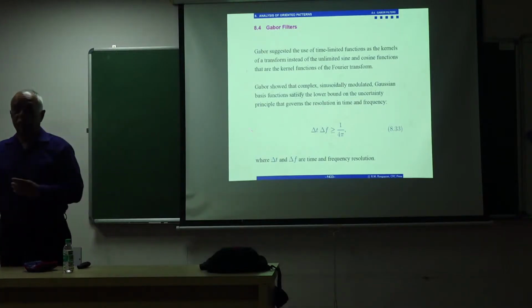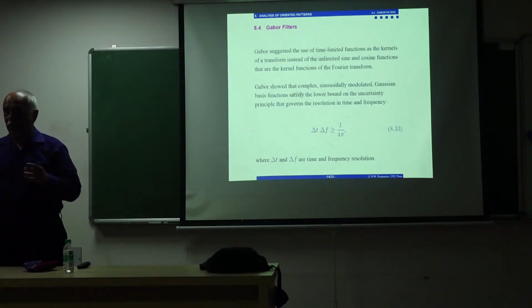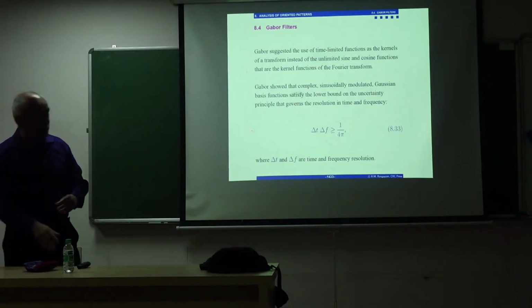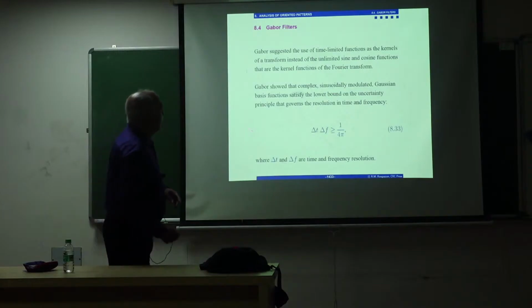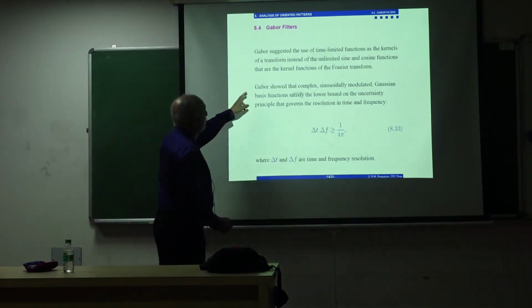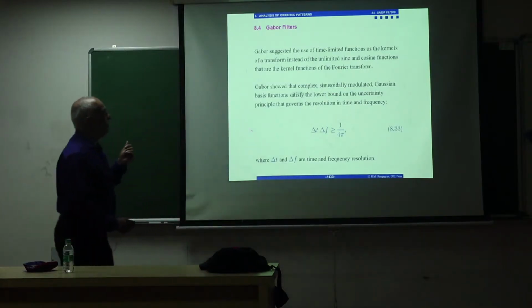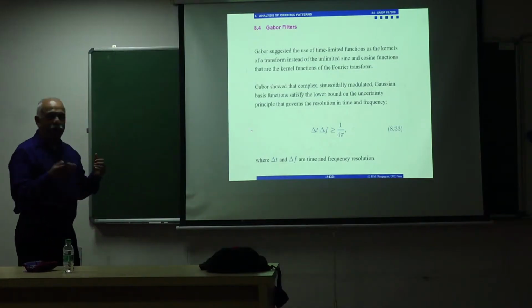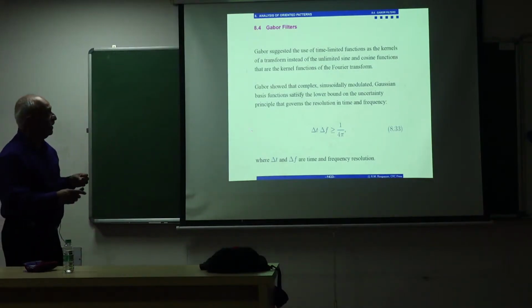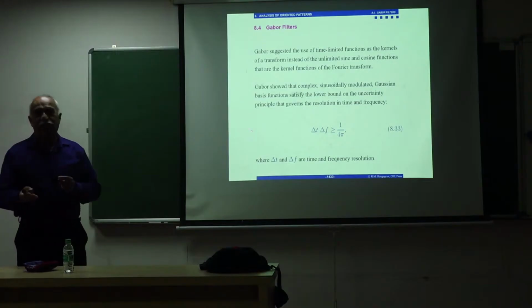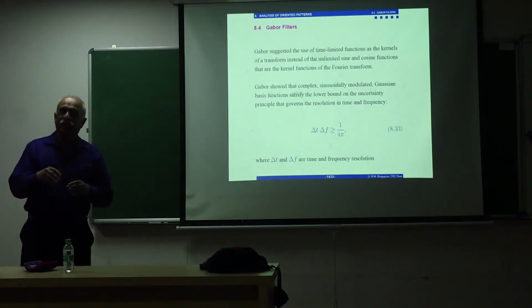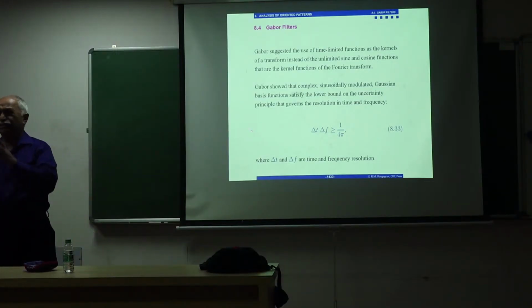Whereas the sinusoids in the Fourier transform, you cannot stop, they go forever. Gabor showed that a complex sinusoidally modulated Gaussian is a basis function. Or you can turn around and say, is it the Gaussian modulated by a sinusoid, or the sinusoid weighted by a Gaussian? You can see it both ways.